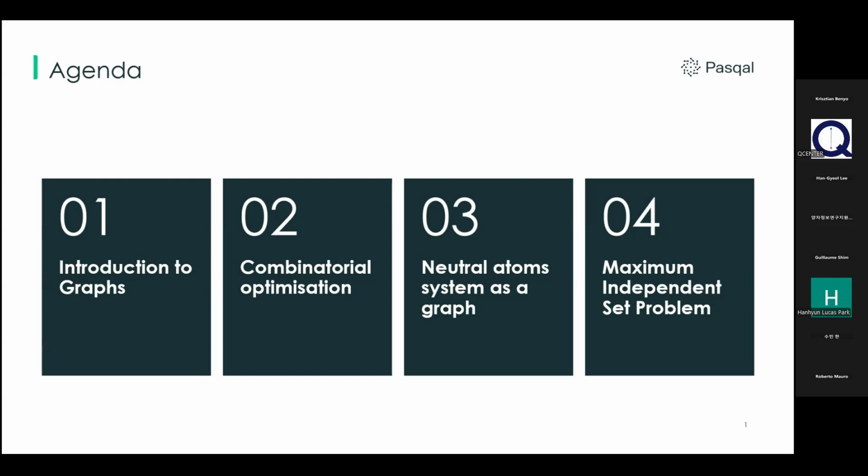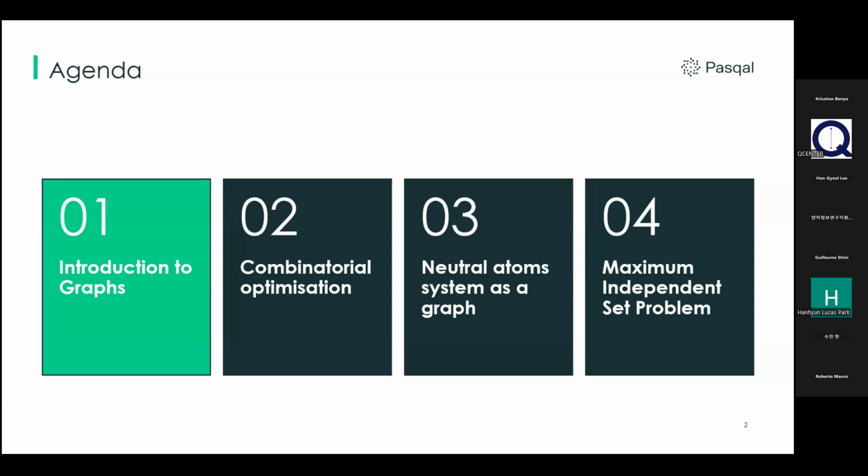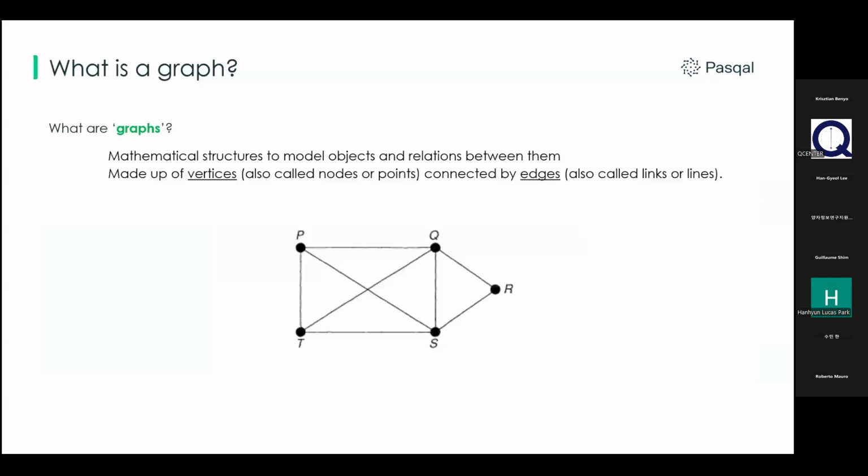And we will end today's session by a deep dive into a particular type of problem that's called the maximum independent set problem, which will serve as an introductory example on what kind of problems can be solved with particular efficiency, and what is the potential impact of solving these types of problems with a quantum computer.